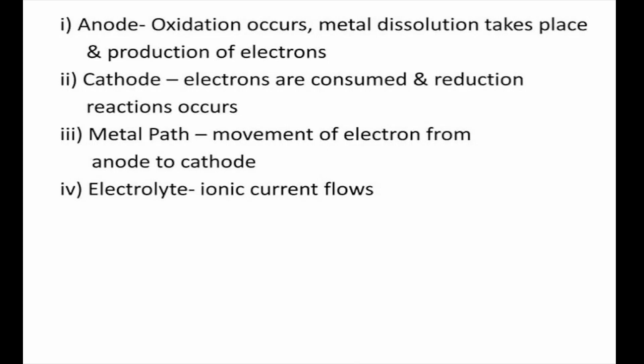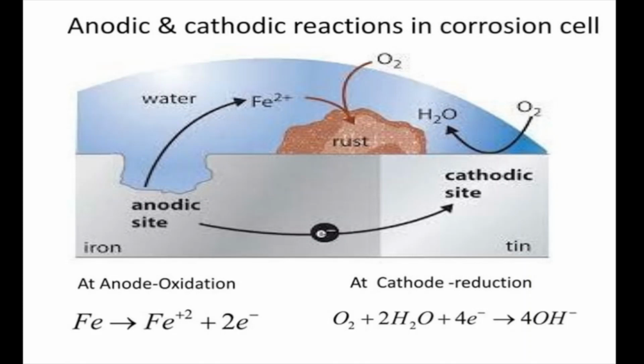Metal path means the movement of electrons from anode to cathode. And fourthly, the electrolyte carries the ionic current flow in this type of corrosion.